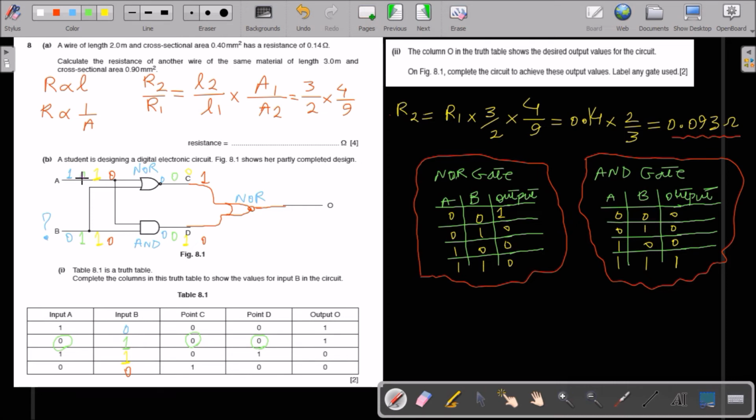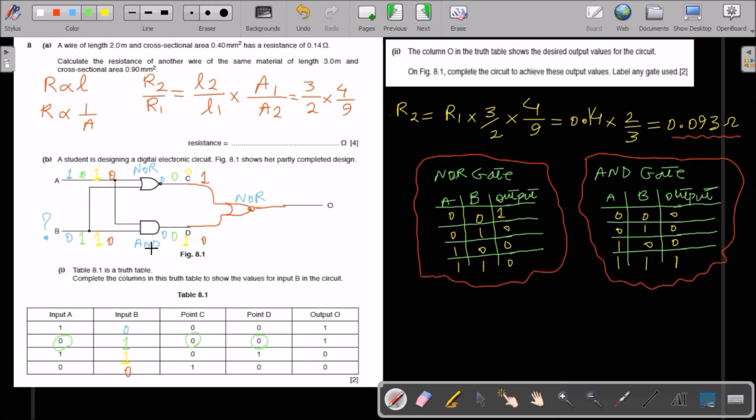Now look at the green digit. Input A is 0 and output C is 0. So if you look at the NOR gate truth table, input A is 0 and output is 0, so you can write 1 and 0 for NOR gate.